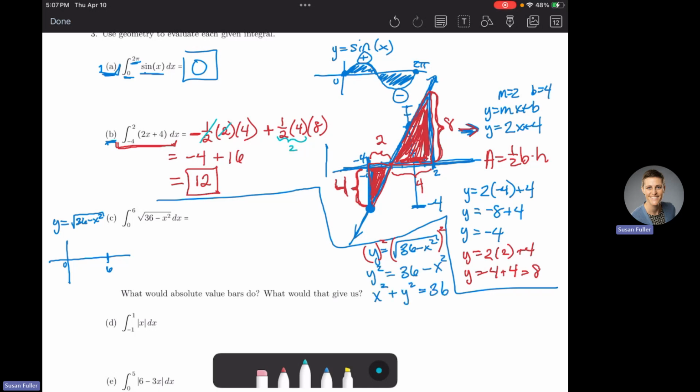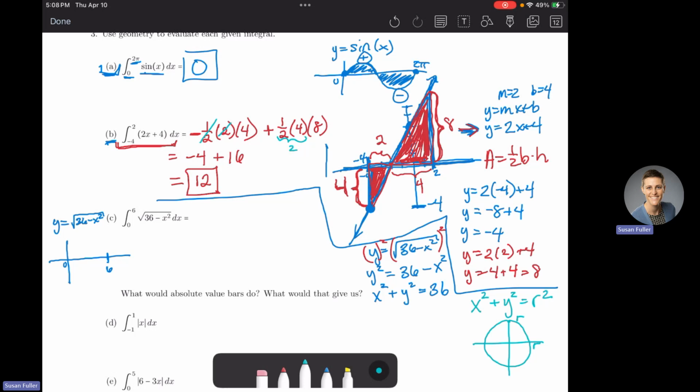Now, what does that look like? It's actually a circle. If you will recall from geometry forever ago, x squared plus y squared equals r squared is the equation of a circle centered at the origin with a radius of r.